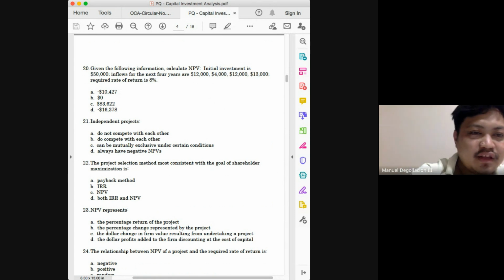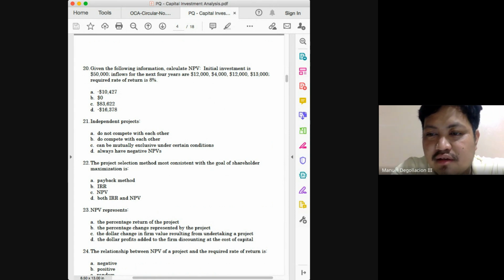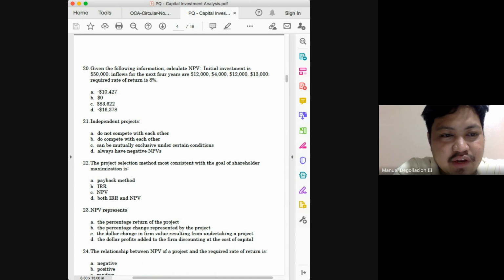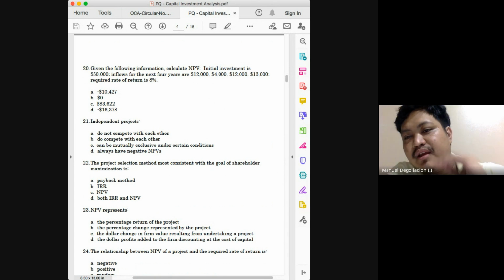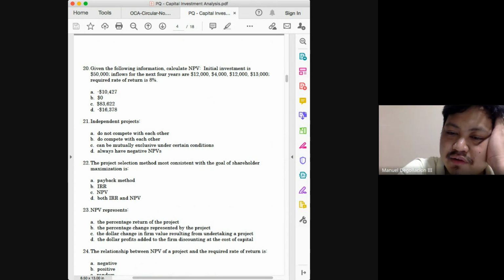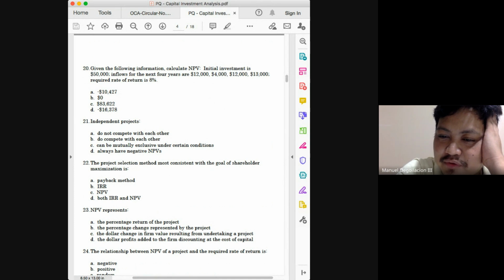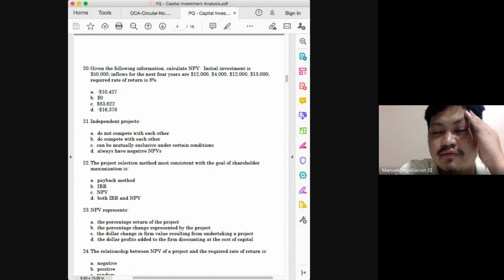If the outflow is greater than the present value of the inflows, then that would mean you have a negative net present value, which is the case in this problem. We can easily confirm because even if you add the undiscounted cash flows, 12,000 plus 4 plus 12 plus 13, that would be 24, 28, 38, 41.